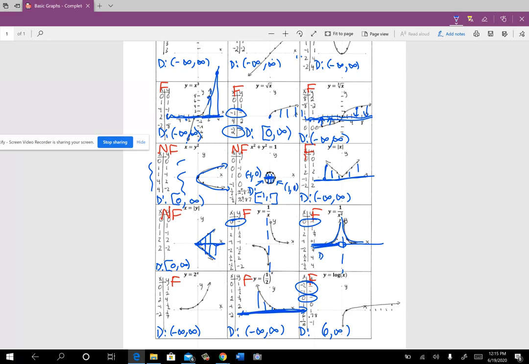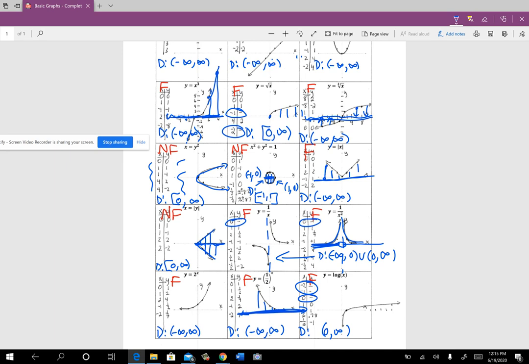So the domain here would be from negative infinity to 0, and then you jump over 0, go to the other side, and keep going. And that's the domain for this one also. Same exact domain.